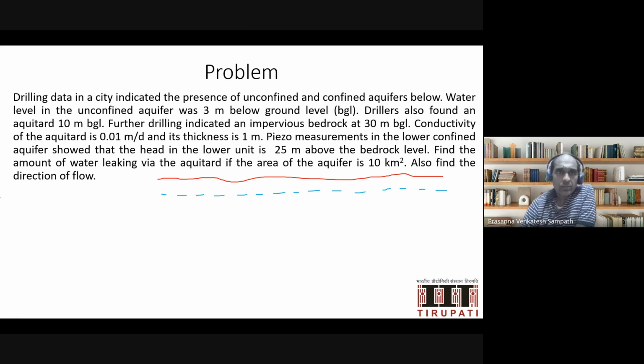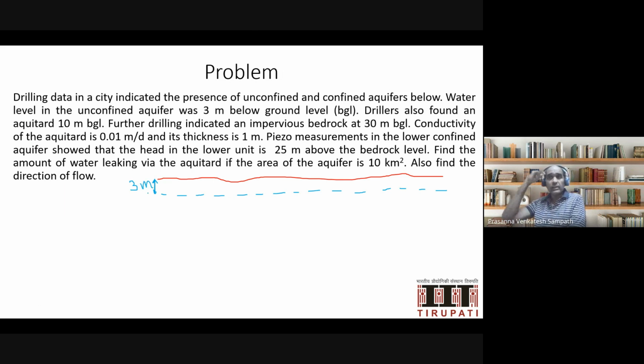So this distance between the land surface and the water table in the unconfined aquifer is 3 meters below ground level. We are going to assume that this 3 meters is constant in the entire city. Will this ever happen? Very unlikely, but let's just assume it. So this height is 3 meters.